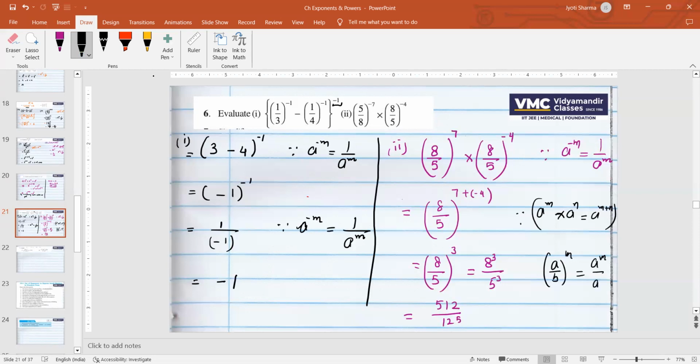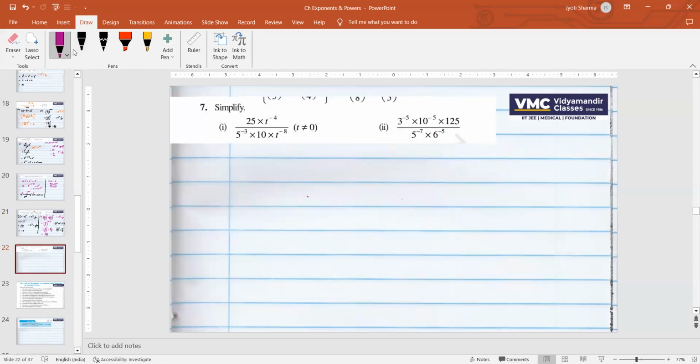And powers written outside of the bracket in p by q form go to both numerator and denominator. Very important question from the point of view of your exam.